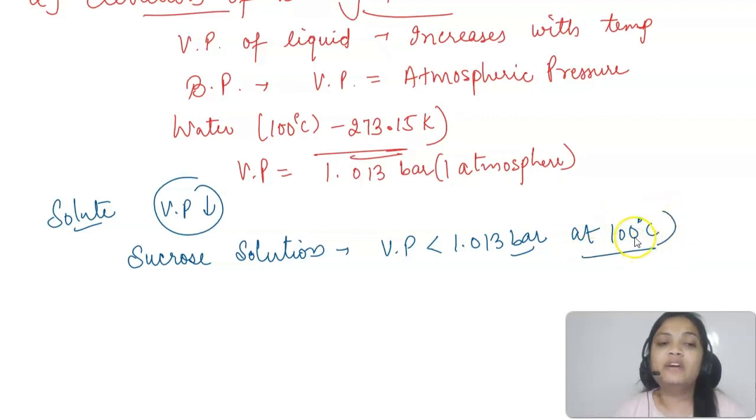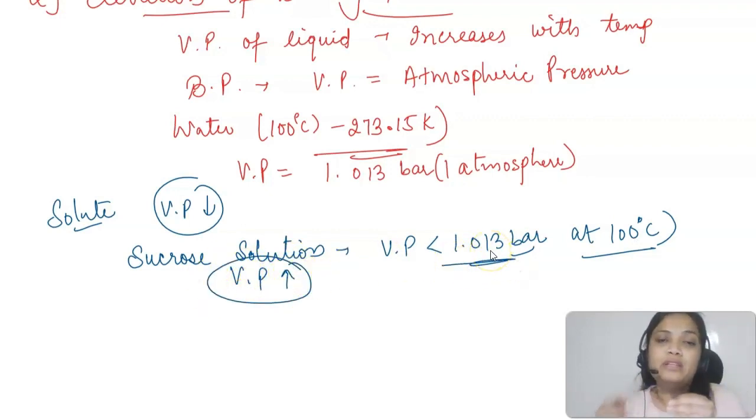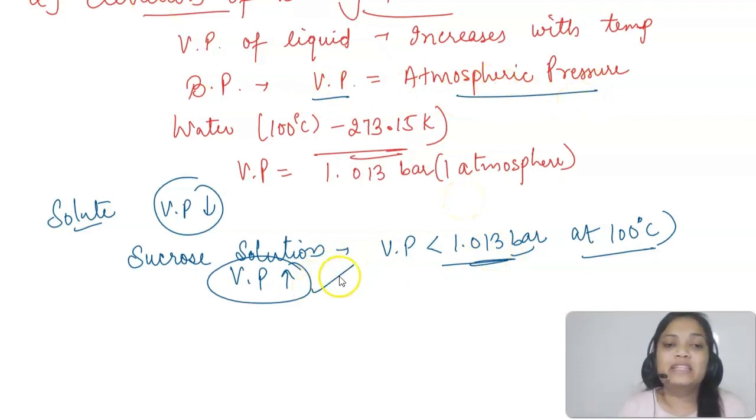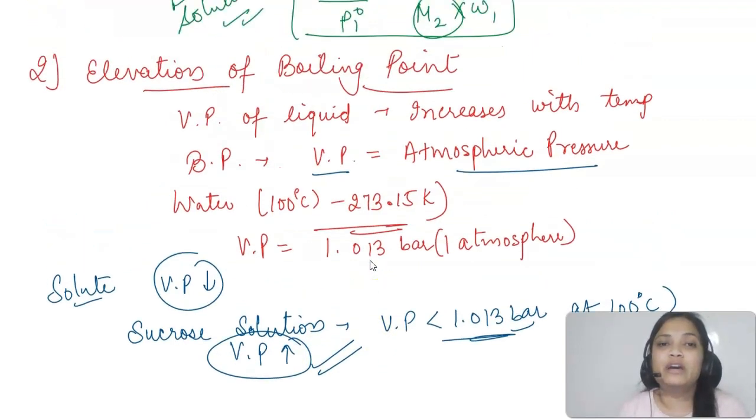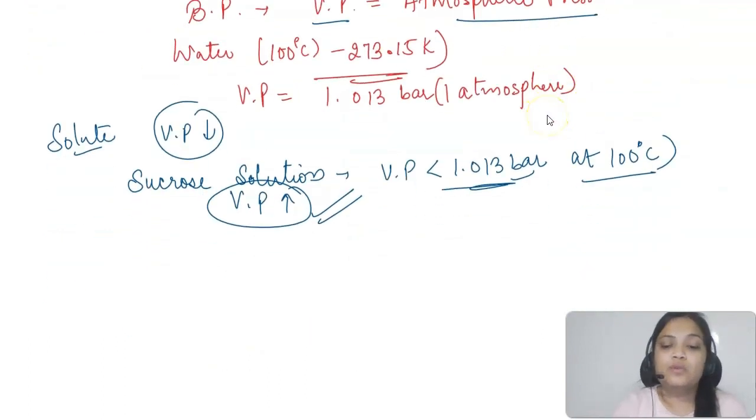Okay. Now if I want to boil this sucrose solution, it means I need to increase the vapor pressure, because boiling point is that temperature where vapor pressure is equal to atmospheric pressure. To increase the vapor pressure, I have to increase the temperature above 100 degrees Celsius.